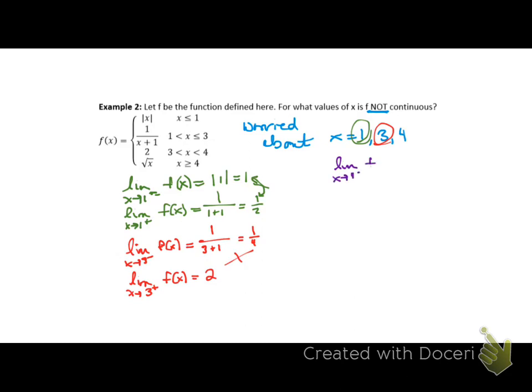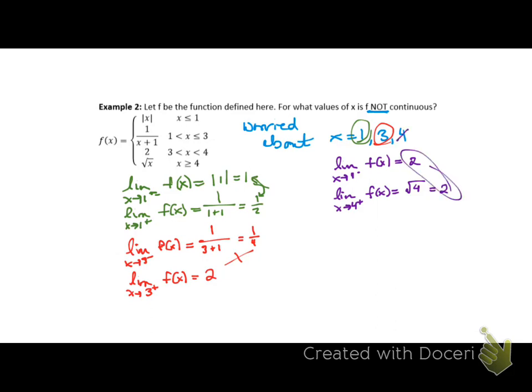We're only worried about 4 now, so let's find the limit as x approaches 4 from the left. When we do that, we get 2, because that's the function to the left of 4. And the limit as x approaches 4 from the right is the square root of 4, which is just 2. Hey, look, those are actually the same.